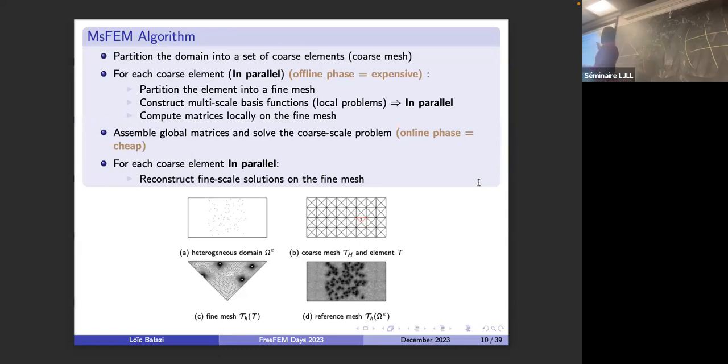This construction can be done in parallel too, thanks to Pierre Jolivet. Then we compute the matrix locally on the fine mesh. Then we assemble the global matrix and solve the problem on the coarse mesh, on the global mesh. This is called the online phase. It is a cheap computation because we have only a few elements. And after, we can reconstruct the solution on the fine mesh.